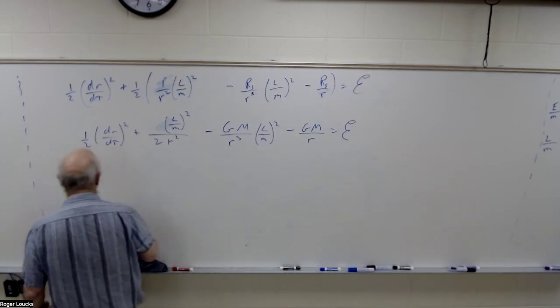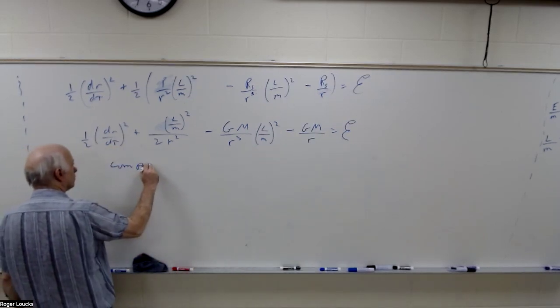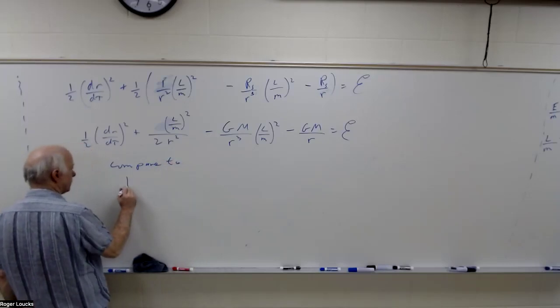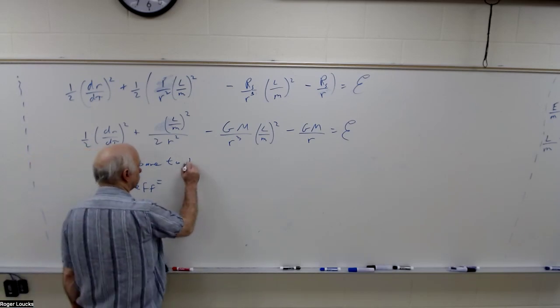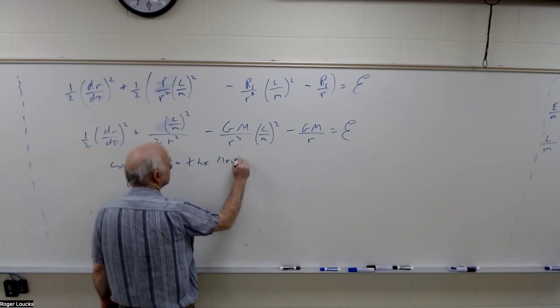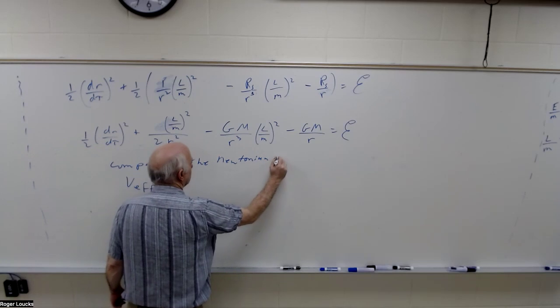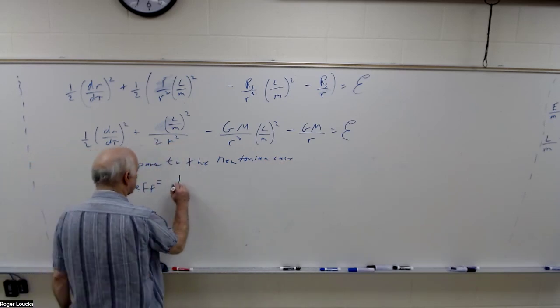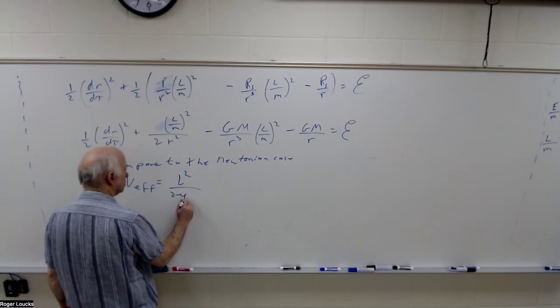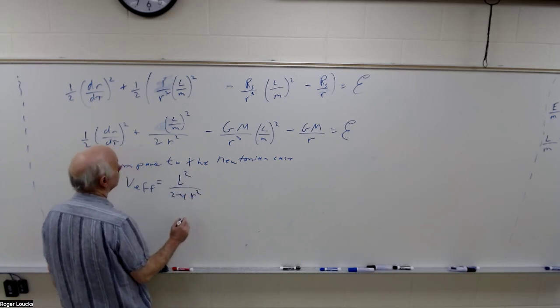Now compare this to our V effective compared to the Newtonian. So what was the Newtonian case? We had this L squared over 2 mu R squared, right?